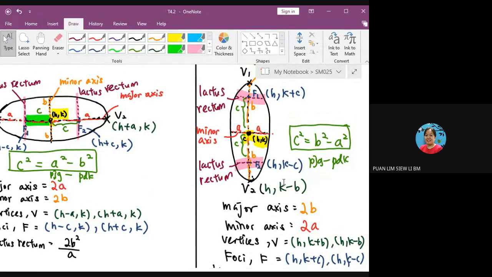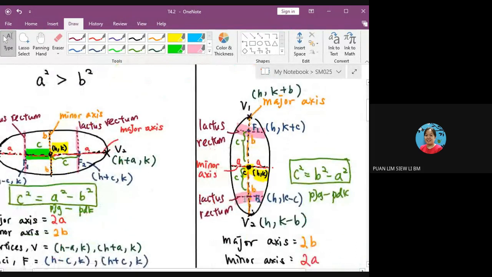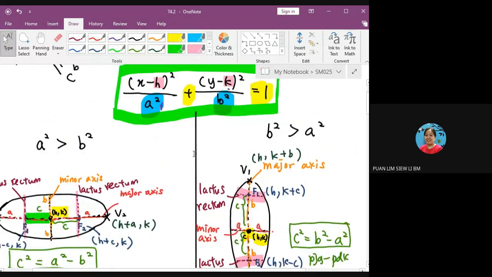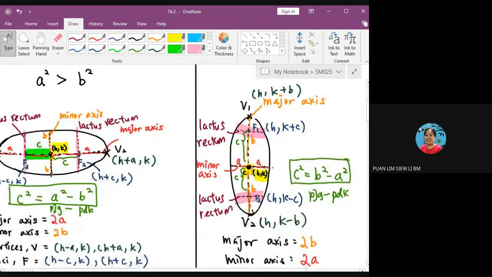Alright, so again you have major axis secara menegak, minor axis secara melintang. So benda melintang adalah nilai A, benda menegak adalah nilai B. So bila you nak cari koordinat atas bawah, maka you punya koordinat Y yang akan bertukar.